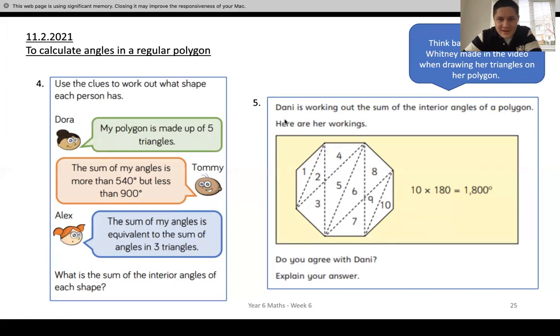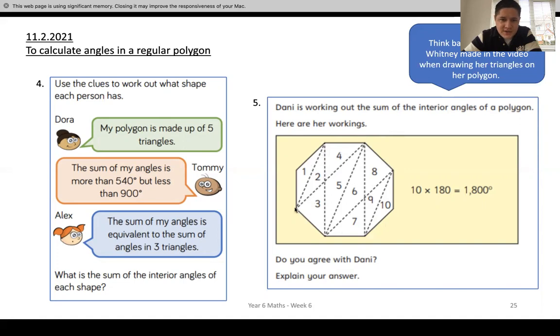Now, Danny. Danny is working out the sum of the interior angles of a polygon. Here are her workings. Now I'm looking at this and I'm thinking, Danny, there's a lot of triangles here for a 1, 2, 3, 4, 5, 6, 7, 8-sided shape. I want you to have a look at what Danny's done.